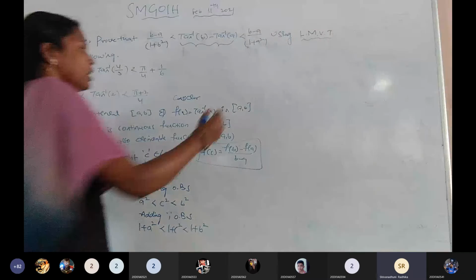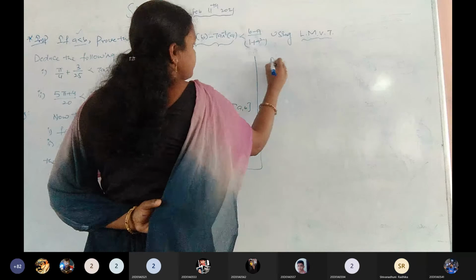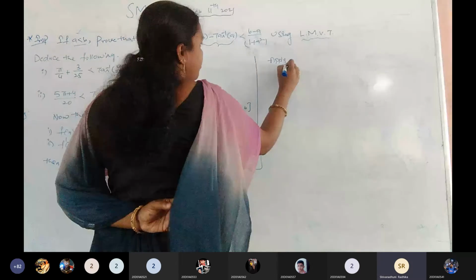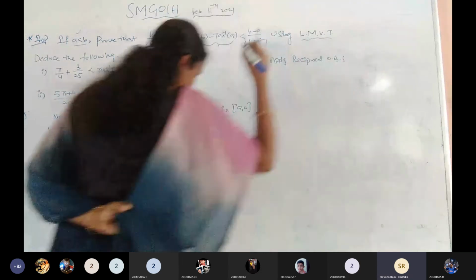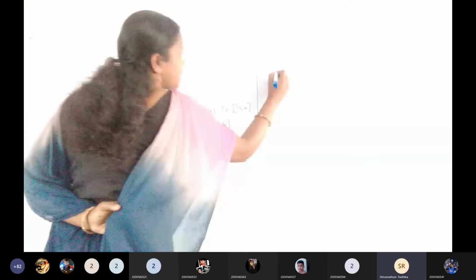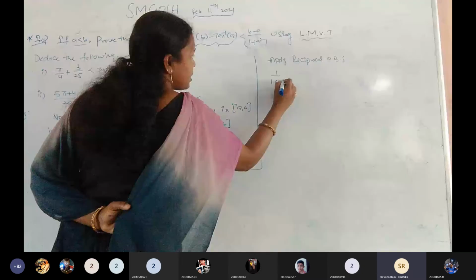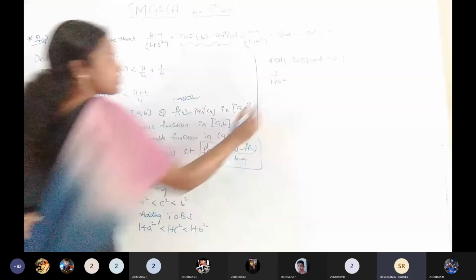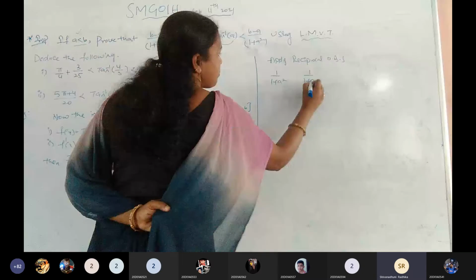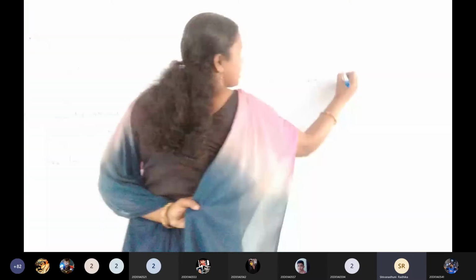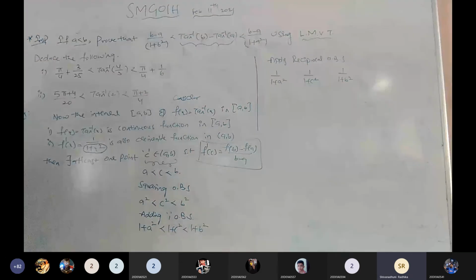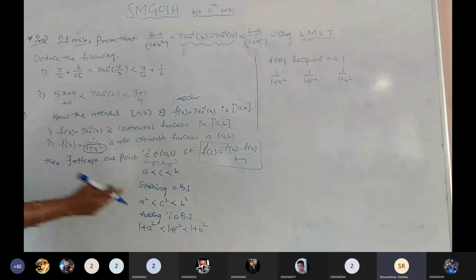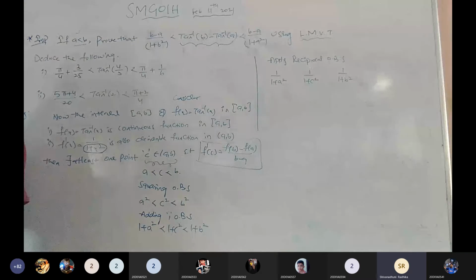Okay. Now apply reciprocal on both sides. So 1 by 1 plus a square, 1 by 1 plus c square, and 1 by 1 plus b square. When we apply the reciprocal to any function, the symbol will change to the opposite direction.